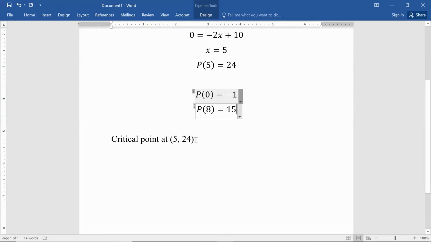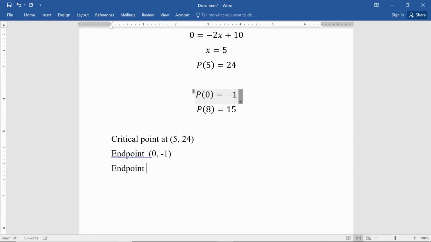So I have a critical point at (5, 24), and I have two endpoints. One of the endpoints is (0, -1), and the other endpoint is (8, 15).